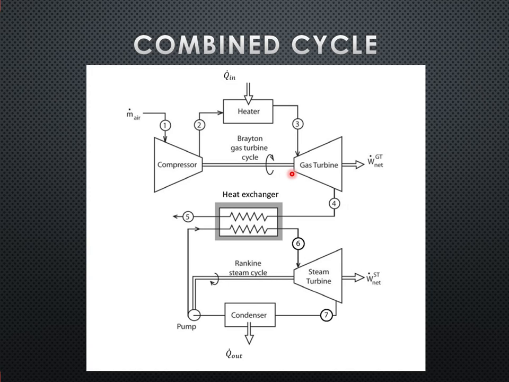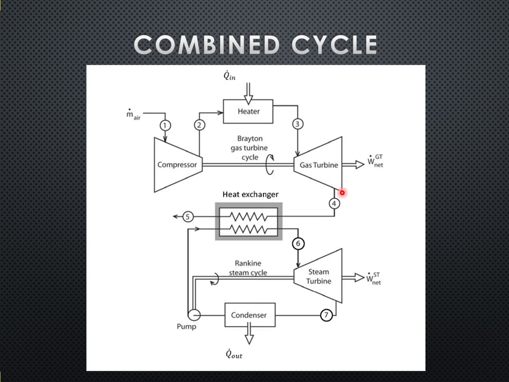When the gas moves through the gas turbine, the blades of the turbine start rotating, and the volume of the gas increases. That produces the mechanical work. But the temperature and the pressure of the gas will decrease.